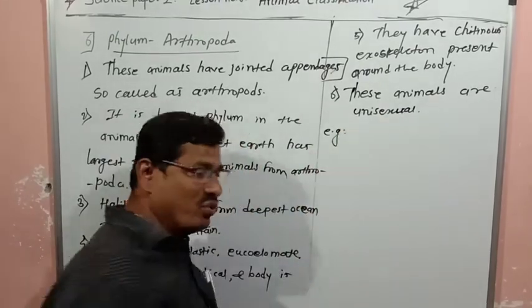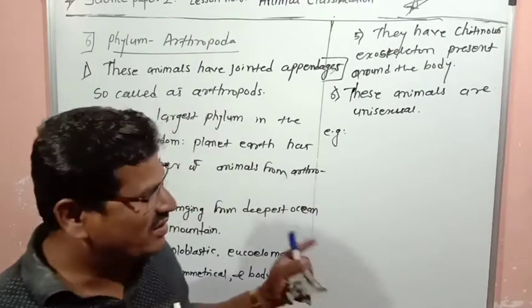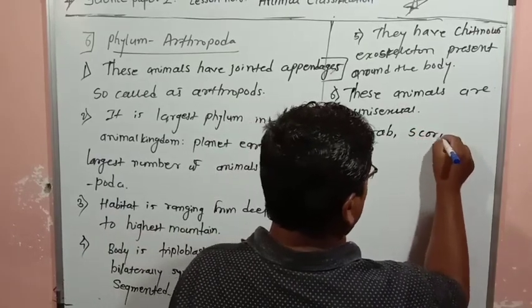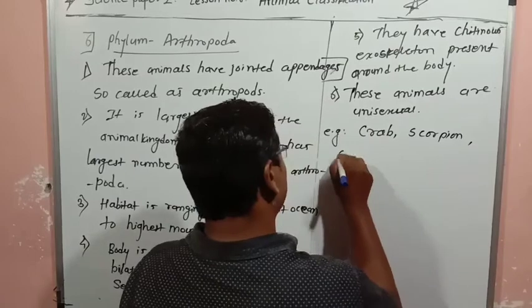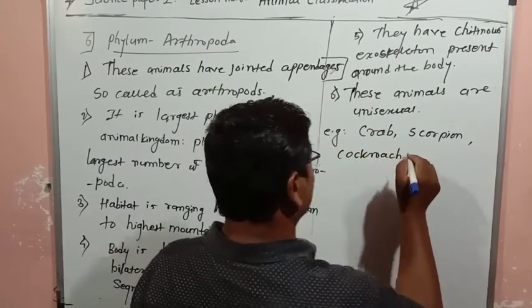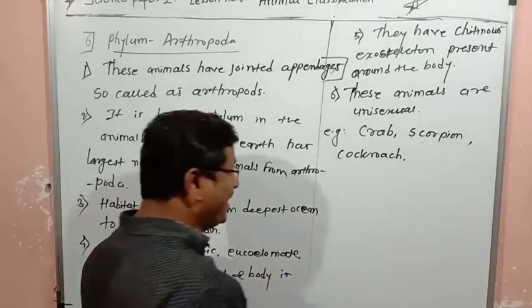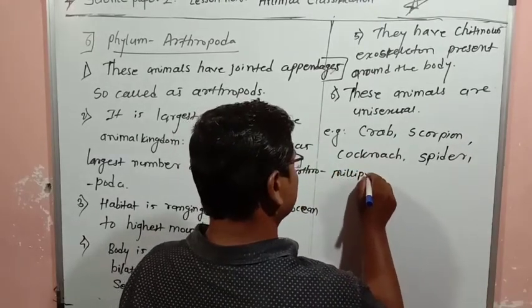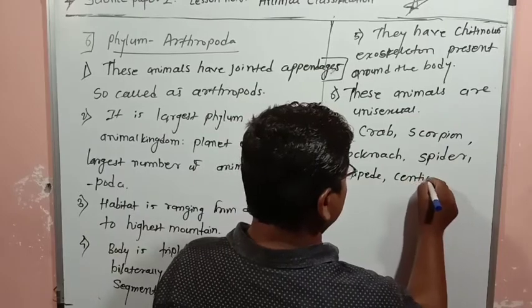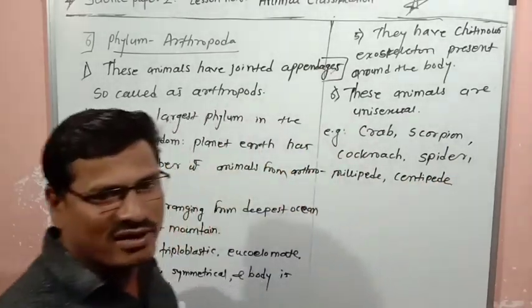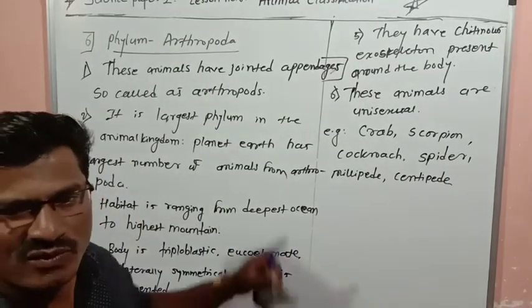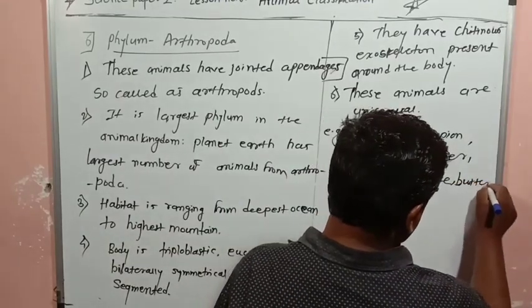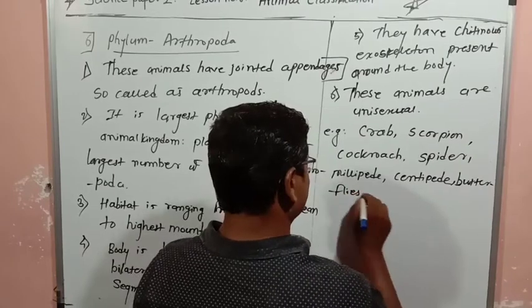Which are the examples? So many examples are there of this type, and those examples are the crab, scorpion, cockroach, spider, millipede, centipede, butterfly, and honeybees.